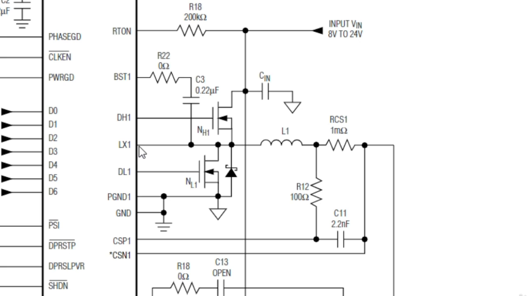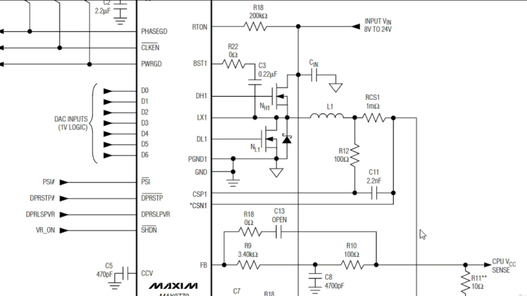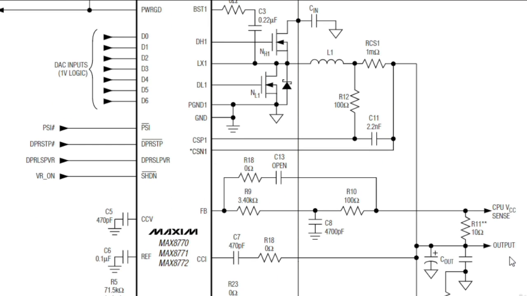And then the VCC core will pass through this coil, and will be generated, as you see here. This is the output, the VCC, or the output voltage. So this is the first channel.